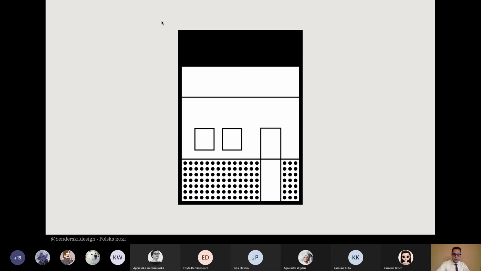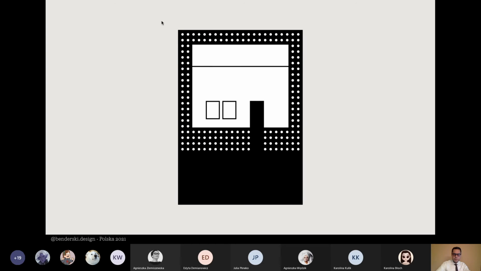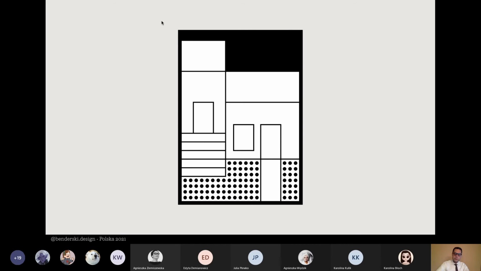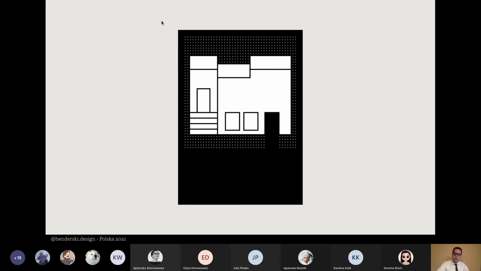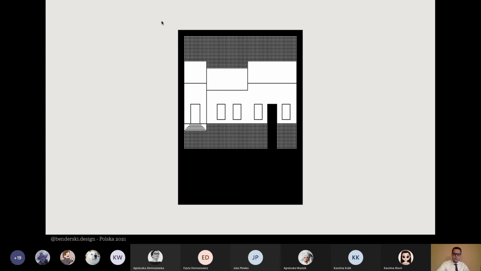From something very simple, and how you can see that it gets elaborated. One thing that I noticed is that I left the door in black. It looks like it's open compared to the windows that are closed. I also needed a few more dots in order to have a better resolution.